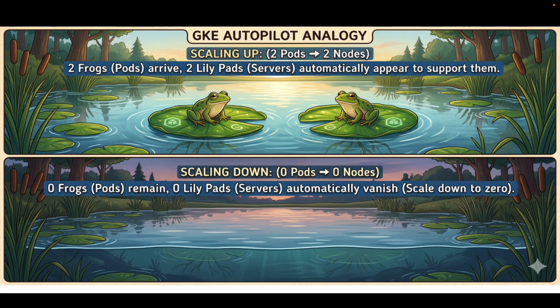And let's say you scale out your containers horizontally so that you have two of them. GKE Autopilot will automatically provision two servers underneath to support your containers. And then let's say that you don't need your containers anymore. You can scale them down to 0, and then GKE Autopilot will automatically deprovision the underlying infrastructure.